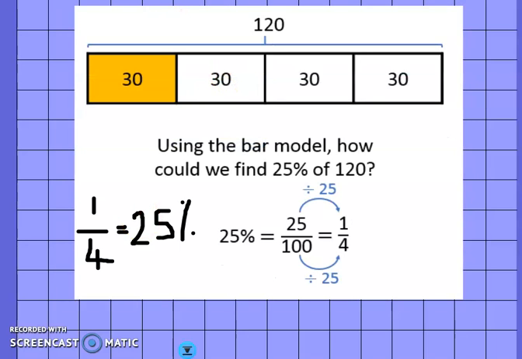Okay, so in our next question then, you can see that a quarter is equivalent to 25%, and it's always good to remember those facts, those equivalent fractions and decimals. They'll always help you working out. So, 25% of 120 just means 120 divided by 4 because we need to find out 1 quarter, and that's why the answer is 30.